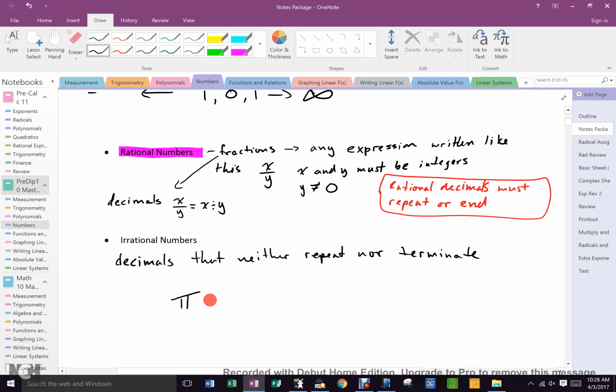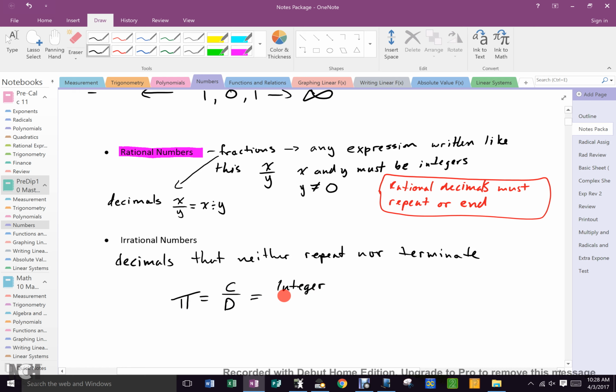Okay? Now, some of you will say, Mr. Myers, pi is a rational number because pi equals the circumference divided by the diameter, doesn't it? And isn't that X over Y? It is, but these are not integers. Because if you actually take a perfect circle, you will find that one of these may indeed be an integer.